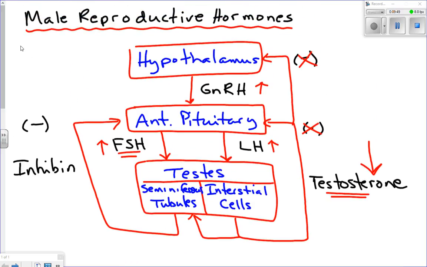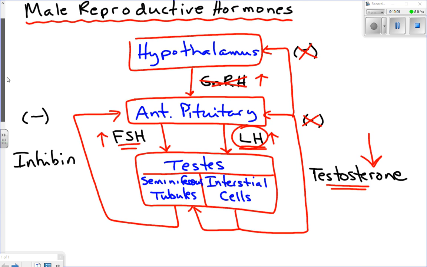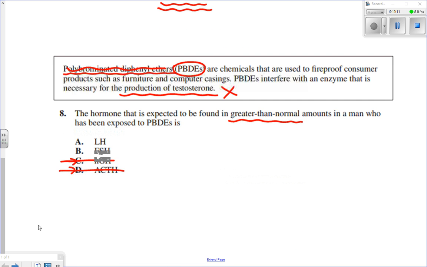Well, the most direct negative feedback effect of testosterone is going to be on LH. GnRH isn't one of our choices, so we can't pick that. FSH is acted upon by inhibin for negative feedback. So based on the answers we have here, it would be logical to pick the answer of LH. So going back down to our question, we would pick answer A for this question.